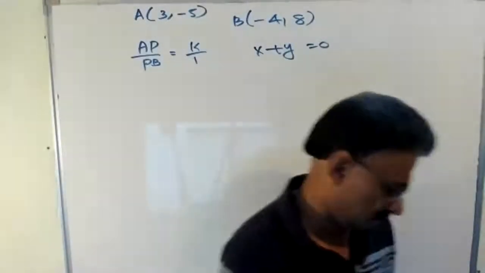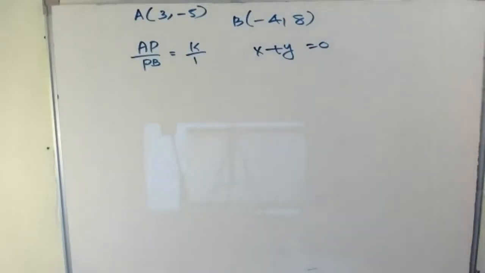If P lies on x plus y equal to 0, then find the value of K. Okay, try now.